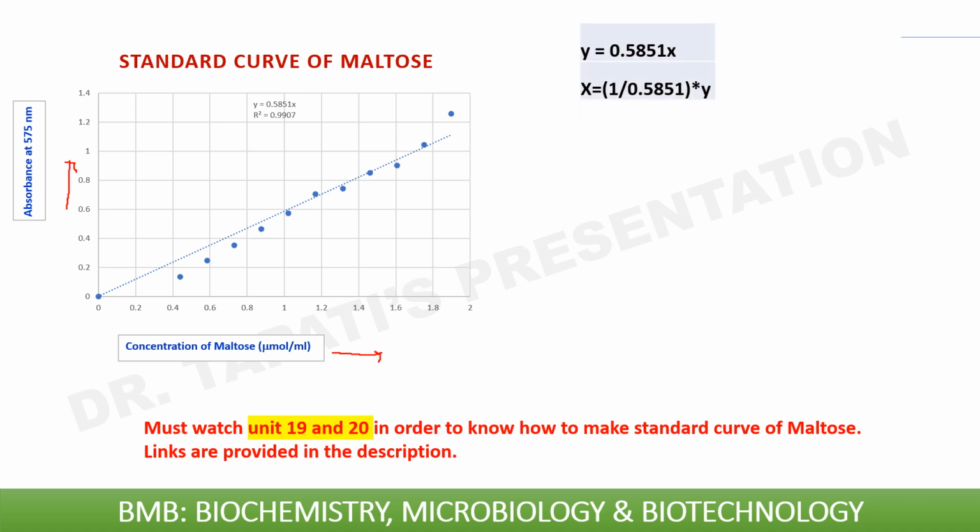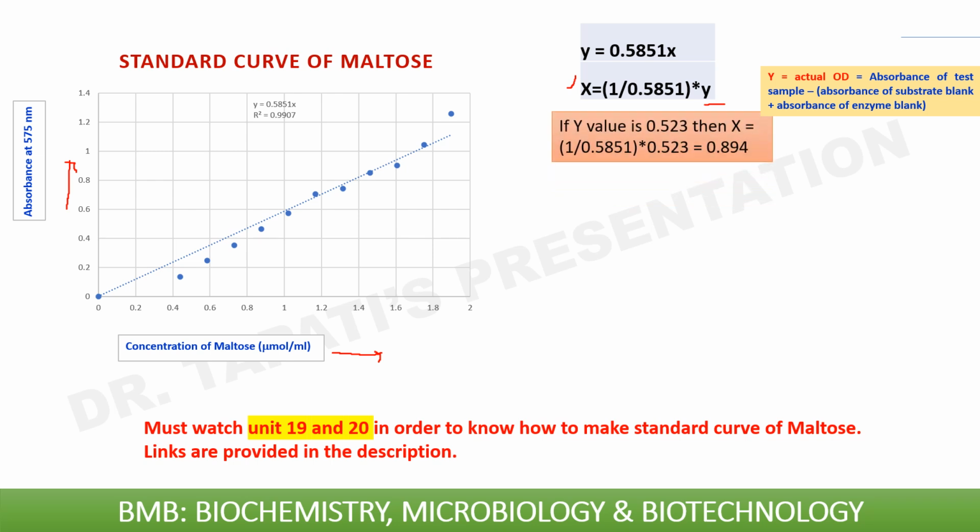And we found the equation y equals 0.581x, and from this equation we can measure the x value if we know the y value, where x is equal to 1 by 0.581 times y, and y is the actual absorbance value. So if you know the y value or actual absorbance value, we can measure the concentration of maltose in micromole per ml.